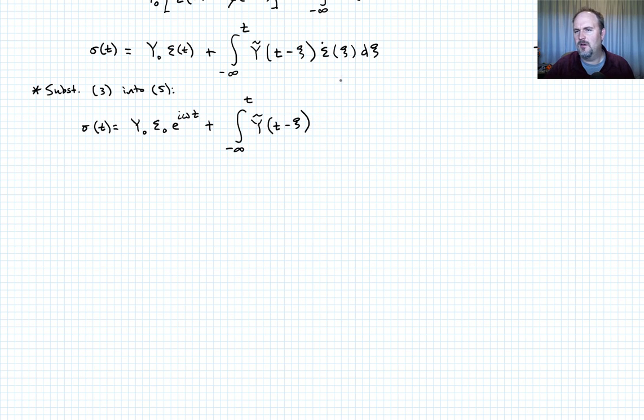Okay, and now what's epsilon dot? This is epsilon right here. So what's epsilon dot? That must be the prefactor epsilon naught, and then the derivative will just be times i omega, and then times e to the i omega t. Except it's not t, right?